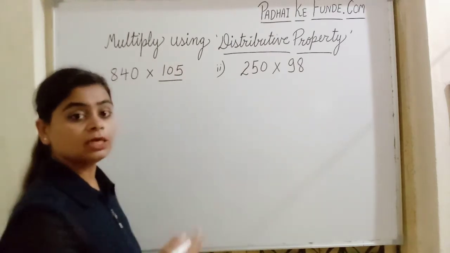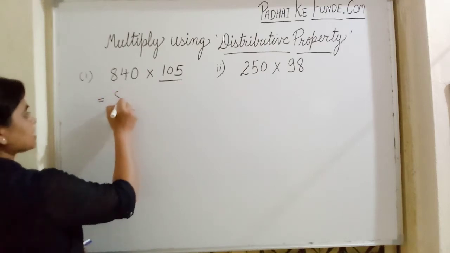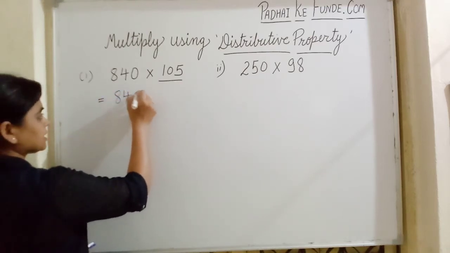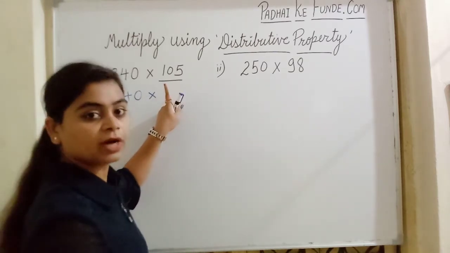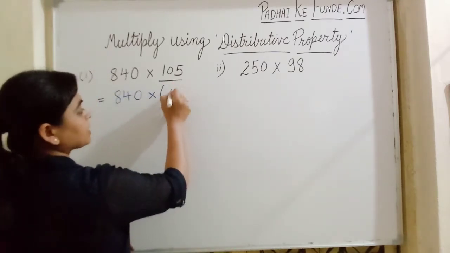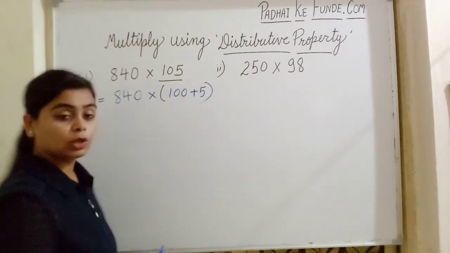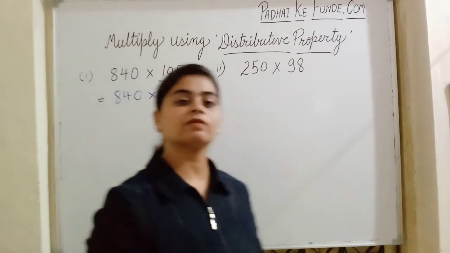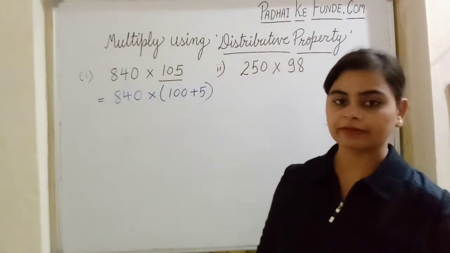So first of all, I will change this number by writing it in another way. That is 840 will be written as it is, into, then in place of 105, I will write 100 plus 5. No change in the question, I have just changed the manner of writing 105.